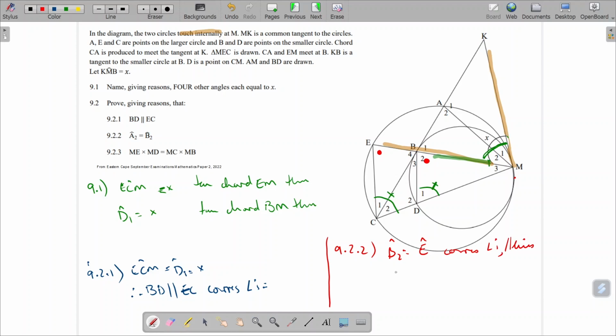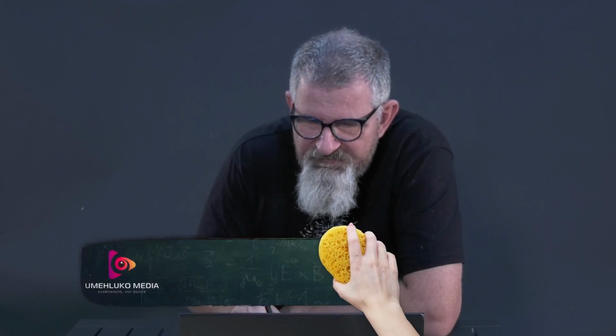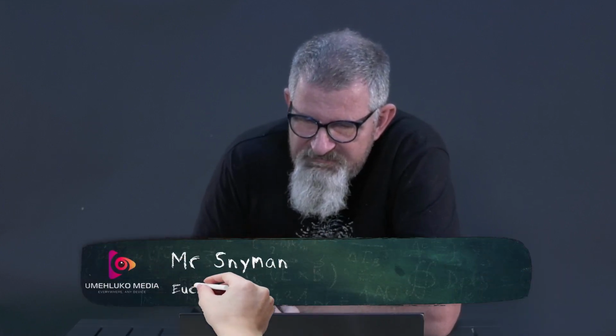We've got that E equals A2. These are angles from the same chord CM. And therefore we've got that B2 equals A2 as required. So we now have that those are all equal to one another.